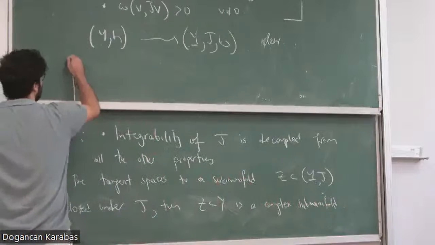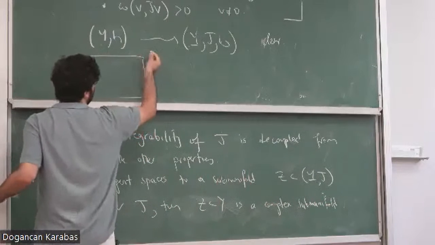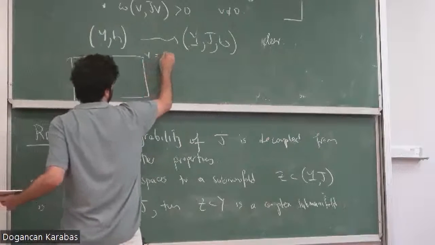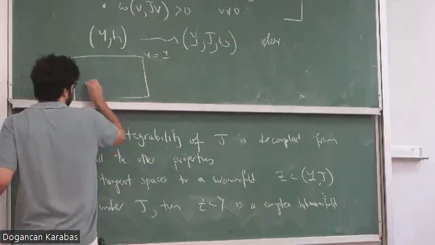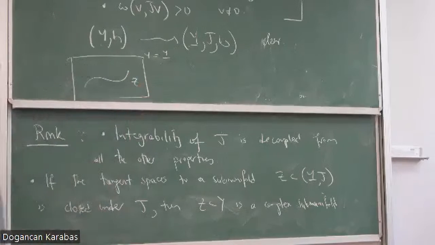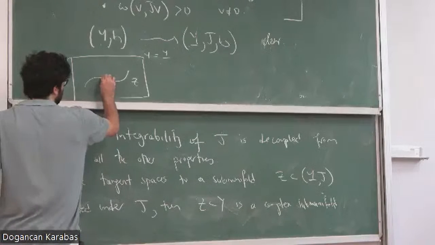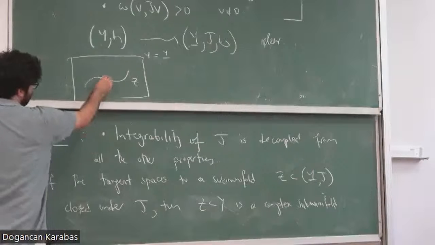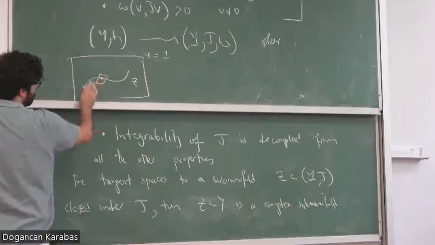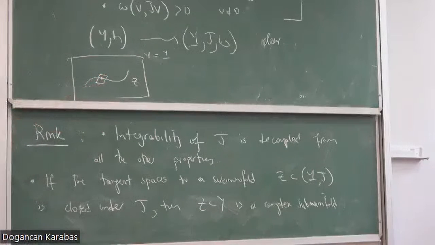Okay, so I have some Y, which is also Y bar as a topological space. Inside this, I take some Z, a real submanifold, and I assume that the tangent spaces to Z, so inside the entire tangent space of Y underline, I have this J operator on it.